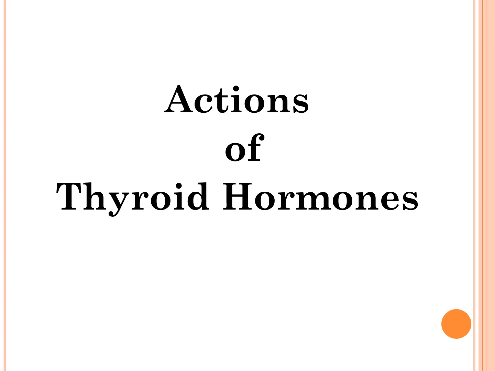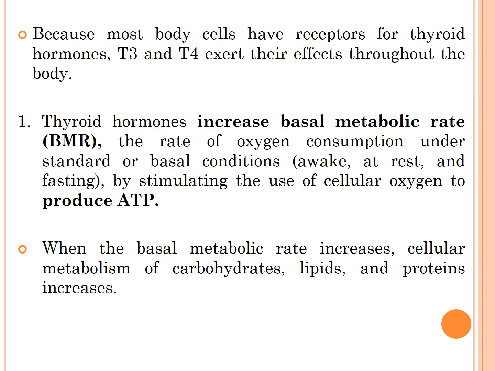Now second part of today's lecture is actions of thyroid hormones, meaning functions of thyroid hormones, meaning physiology of thyroid. Most body cells have receptors for thyroid hormones, so T3 and T4 produce their effect throughout the body.